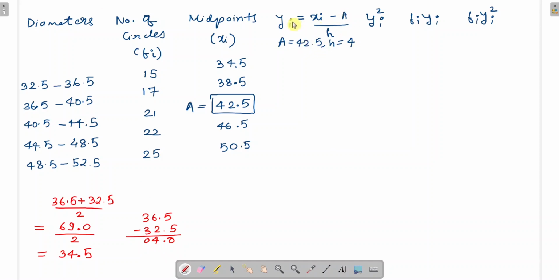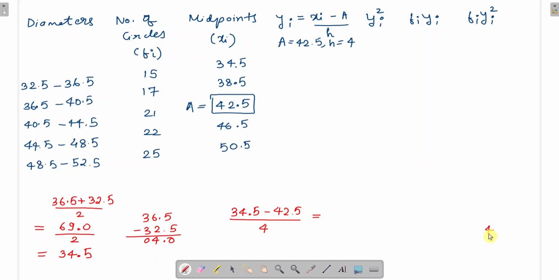Now let us find out yi. So 34.5 minus 42.5 divided by 4.